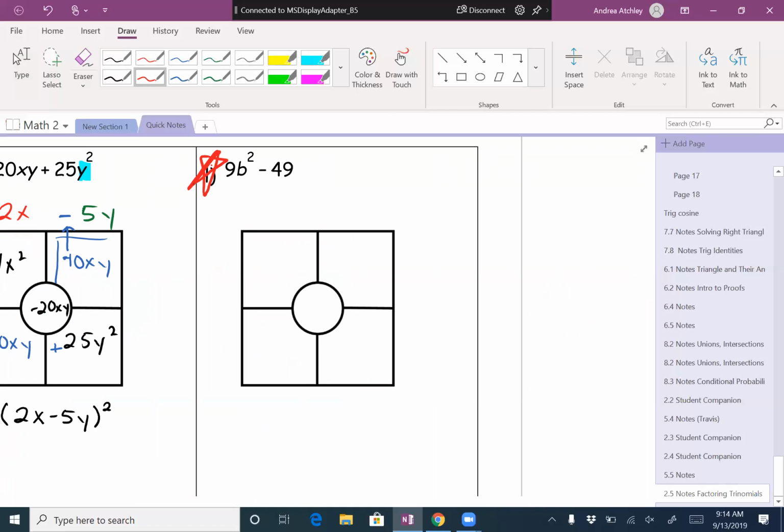So what should go in that circle? 0. In that circle, I should have 0 b's. The middle term always has the variable that's not squared, so in this case, it's a b. This is a difference of squares. That means that middle term cancels out, becomes 0.